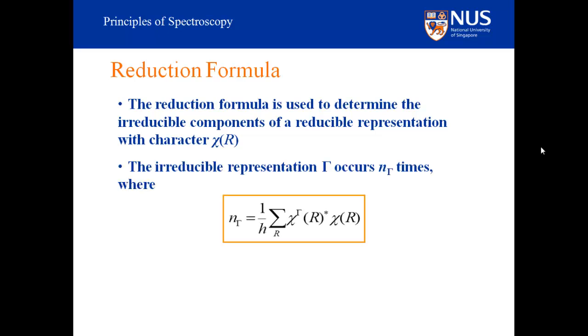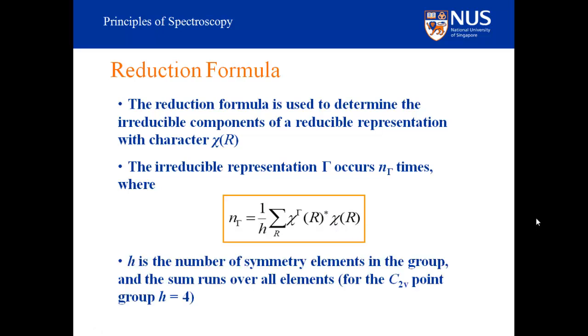The reducible representation gamma occurs n sub gamma times, where n sub gamma in this formula is equal to 1 over h times the sum of all the symmetry elements R of the product of the character of the irreducible representation gamma under the symmetry operation R and the character of the reducible representation under the symmetry operation R. H is the number of symmetry elements in the group. The C2V point group has 4 symmetry elements.